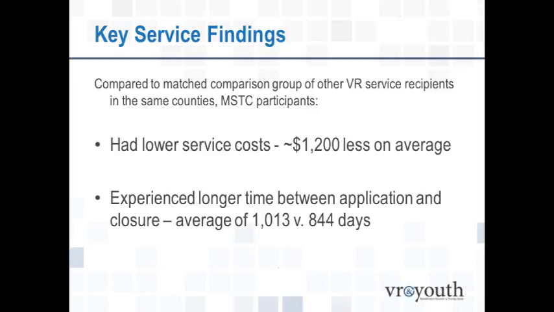So, of course, again, this makes sense because if their cases are open well before they exit school, they won't be closing the case until after they exit high school typically, so they're going to be on the case a little longer. And that makes sense, and that's not necessarily a good or a bad thing. It just means that the case is open longer. But the good news is that even though the case is open longer, the VR is spending less money on these students. So that's the service outcomes.